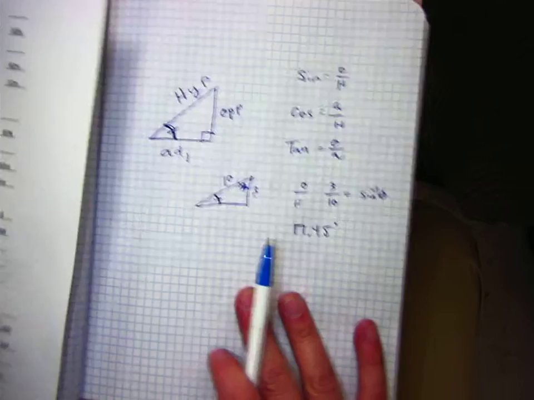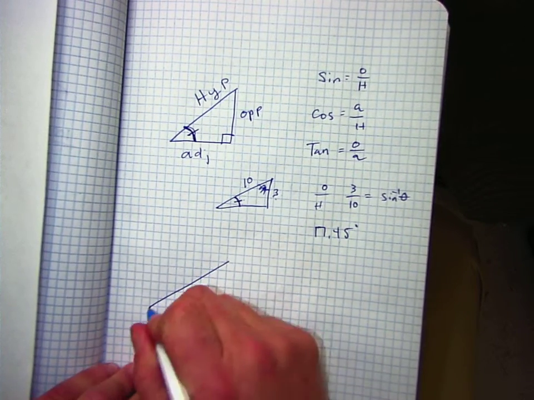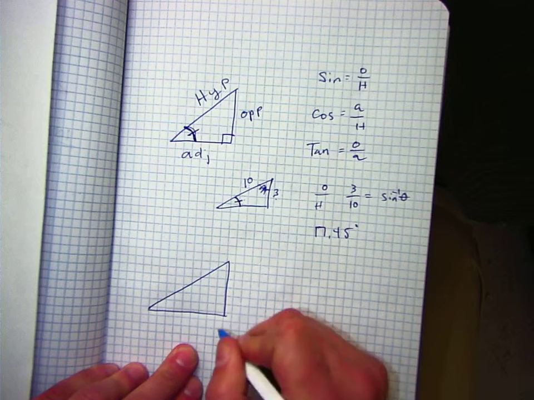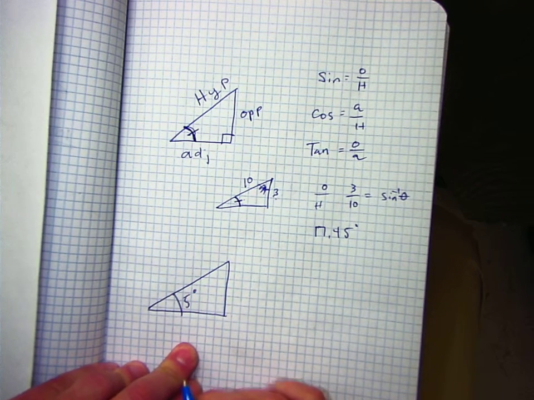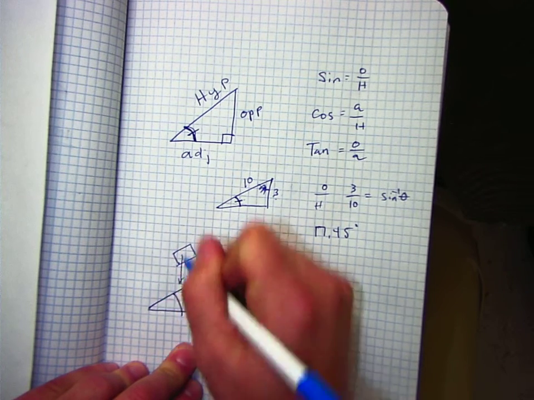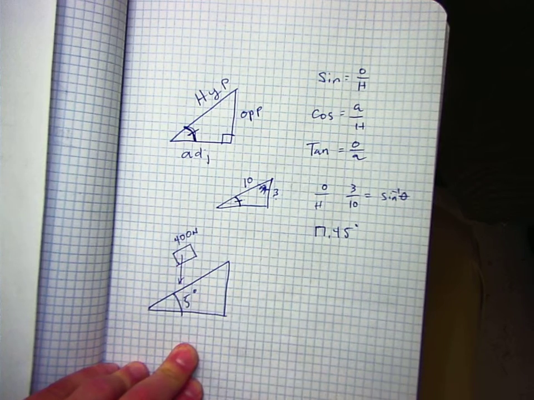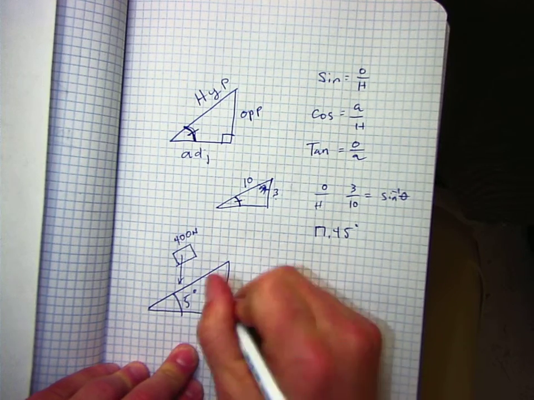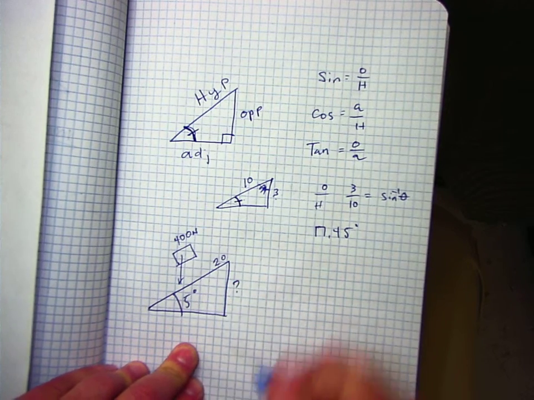So in problem number 9, it gives us that we know an angle, 5 degrees. We know that the force weight of an object is 400 newtons. We know that the ramp length is 20, so the hypotenuse is 20, and we don't know the height.